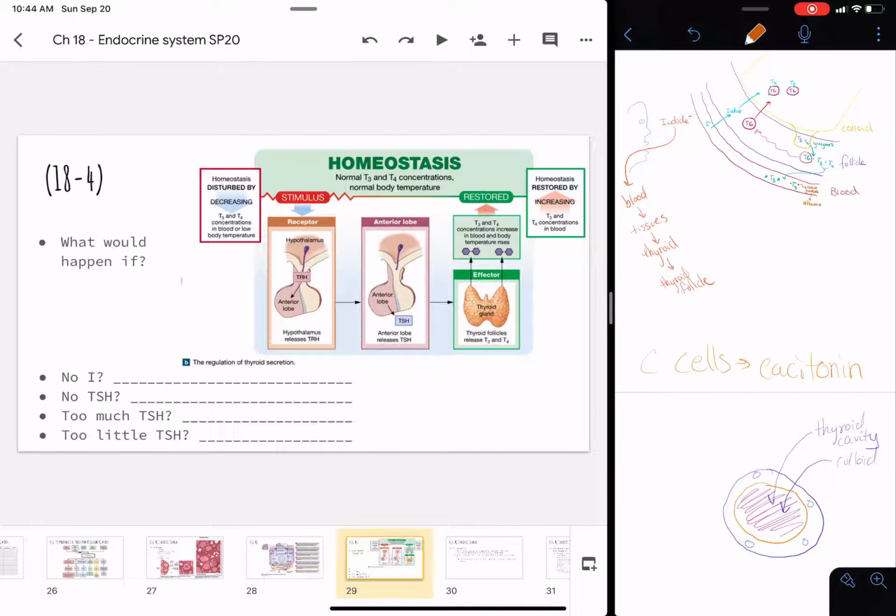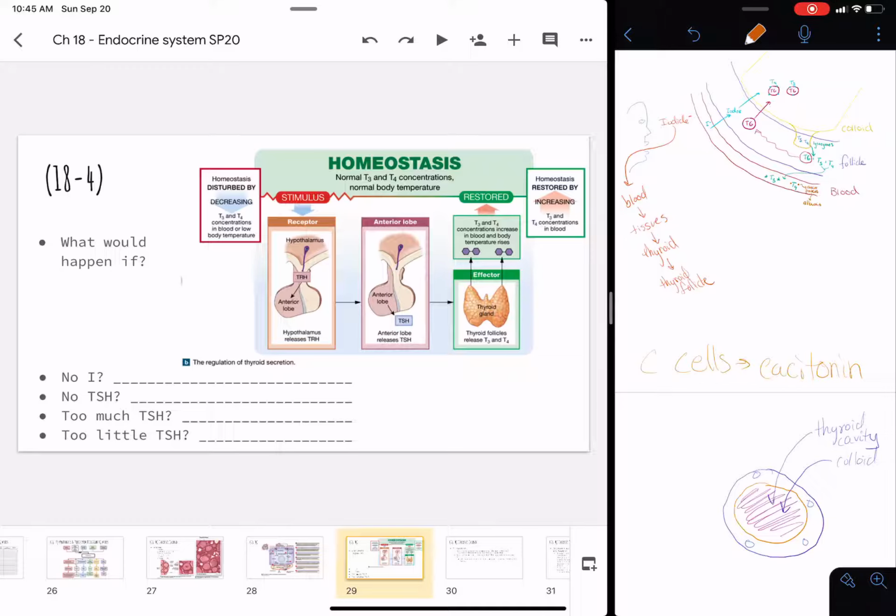Okay, so now what we need to think about is what's happening for when we would need T3 or T4, right? And how we could affect the homeostasis of it and encourage the hypothalamus, anterior pituitary, and thyroid gland to produce their relative hormones. So the way to read these pictures in your book, one side will always be the imbalance and the other side will be the other imbalance, and they're supposed to teeter-totter to each other.